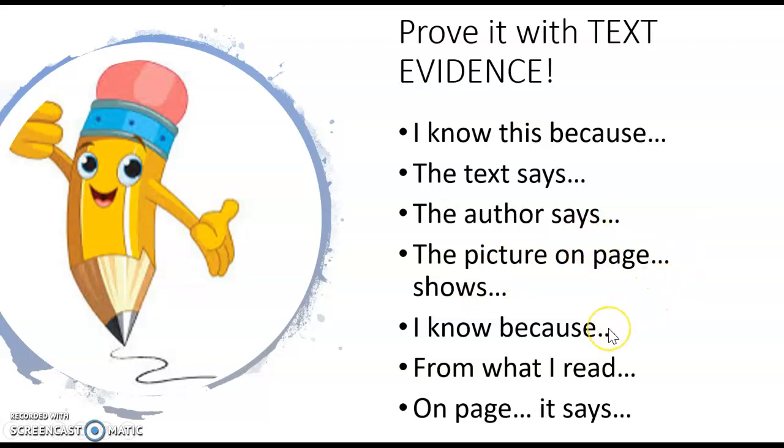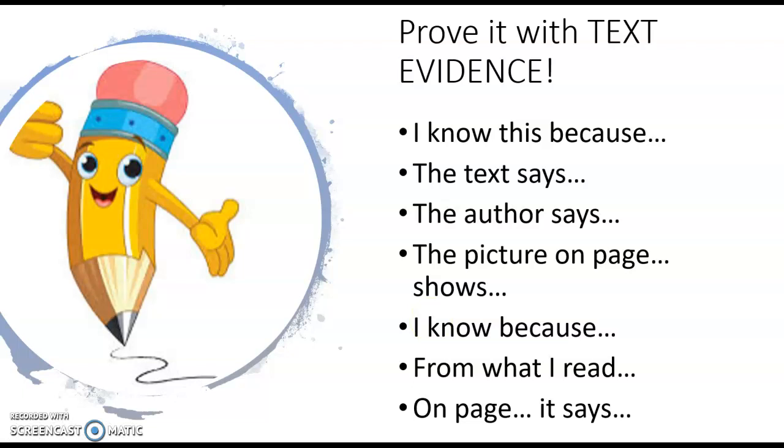You can say, I know this because, from what I read, on page blank it says. So all of these sentences, and there are many more, are going to help you start off your text evidence in your writing.